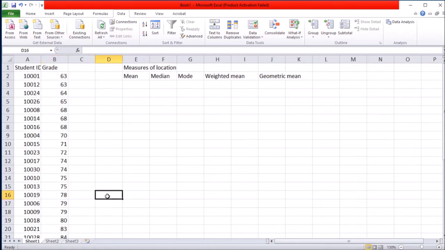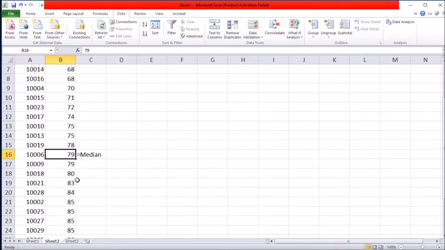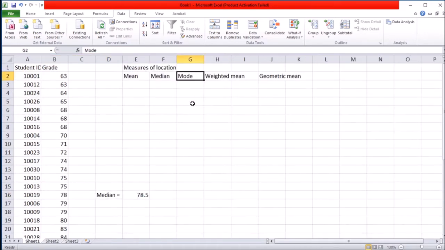The median is going to be the average between these two. So the median is clearly 78.5. So sometimes the value of the median cannot be found among the observations, whereas sometimes it can be found among one of the observations. Next, let's have a look at mode.